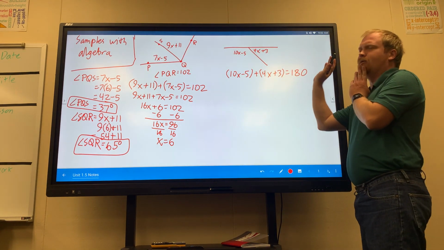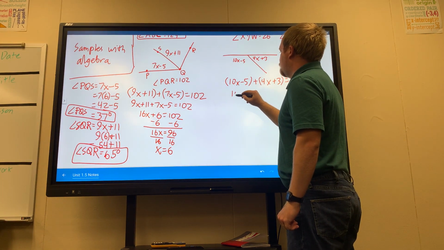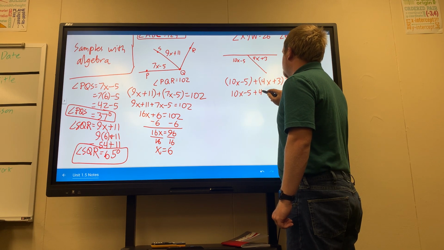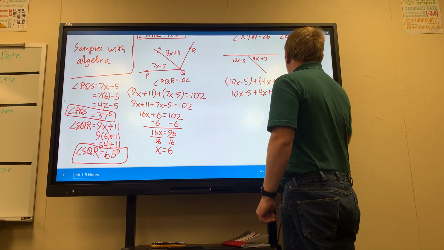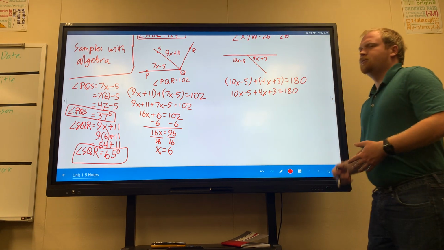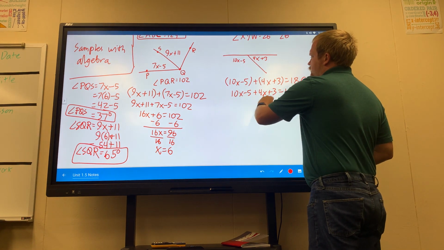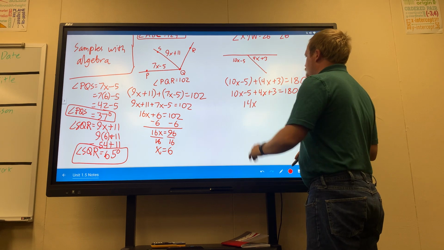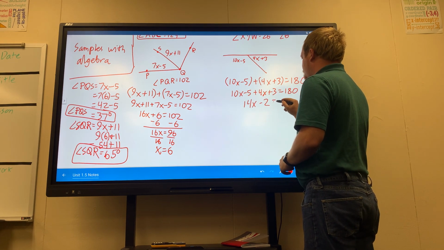I don't have to worry about anything with the parentheses. Now I just have to combine like terms. So 10x with 4x gives me 14x. Negative 5 plus 3 is negative 2.